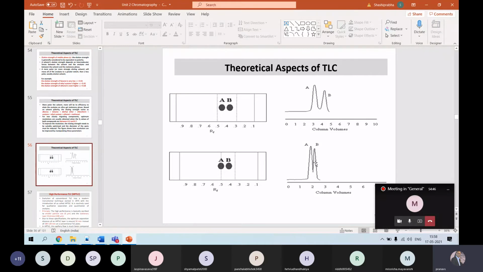What you can see here is that these are somewhat merged peaks, but these are completely baseline resolved peaks. These are theoretical aspects, but one needs to work with experimental parameters, changing the mobile phase system and the eluting strength, such that separation is afforded. So one can always work on those things. This was all I wanted to explain regarding TLC.